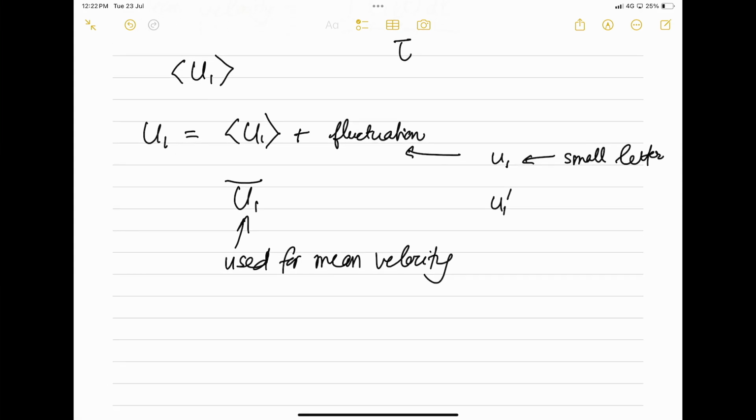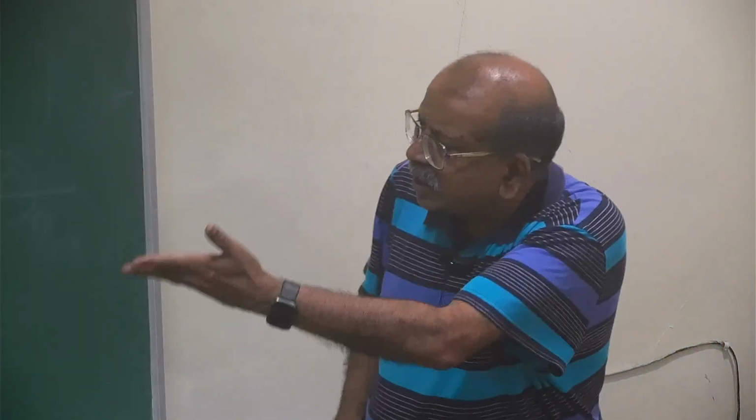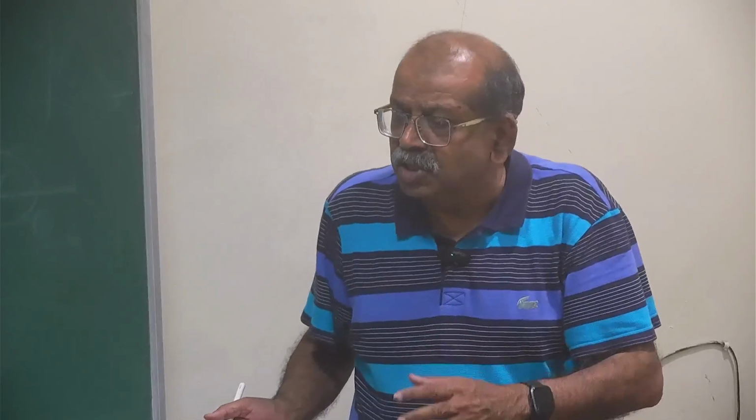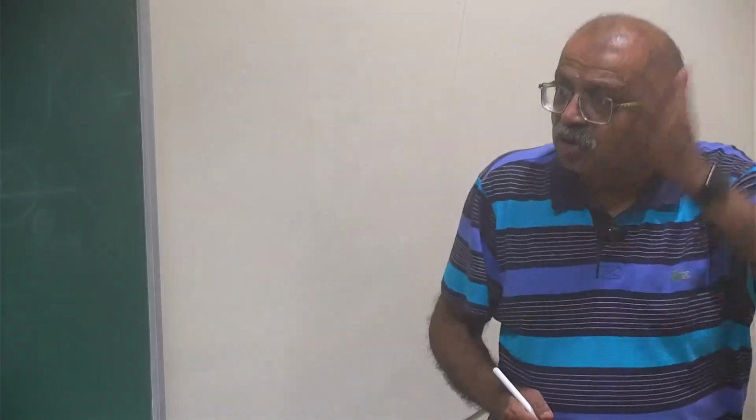Now what one sees is that typically the fluctuation is about the maximum value of fluctuation. So order of magnitude is about up to about a quarter of the mean velocity. It's not that the fluctuation is also equal to the mean velocity.